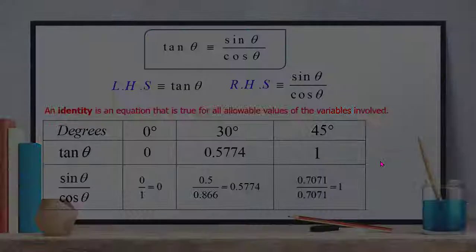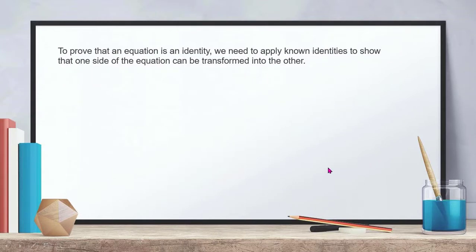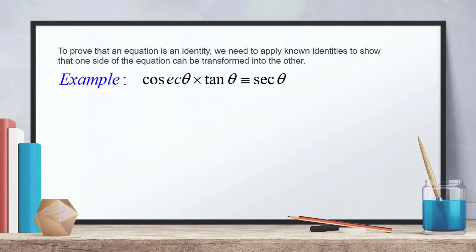Now let's try to prove an identity. To prove that an equation is an identity, we need to apply known identities to show that one side of the equation can be transformed into the other. Okay, so here's an example.